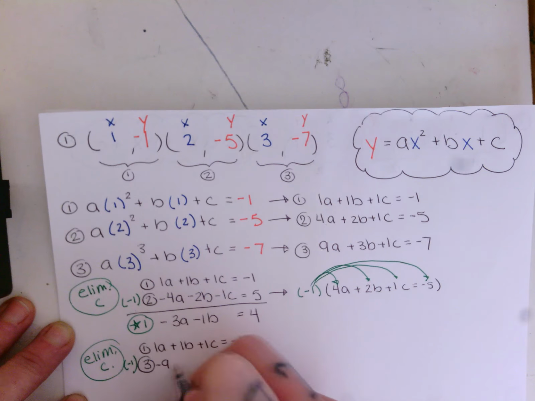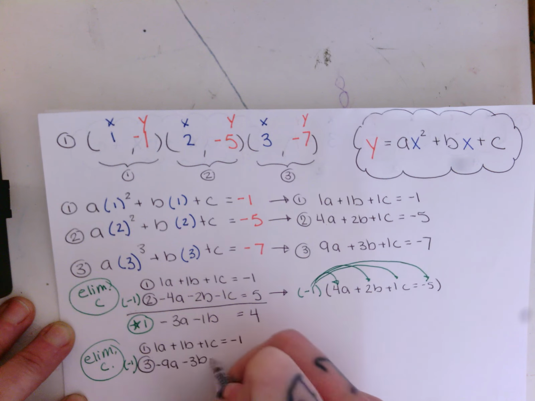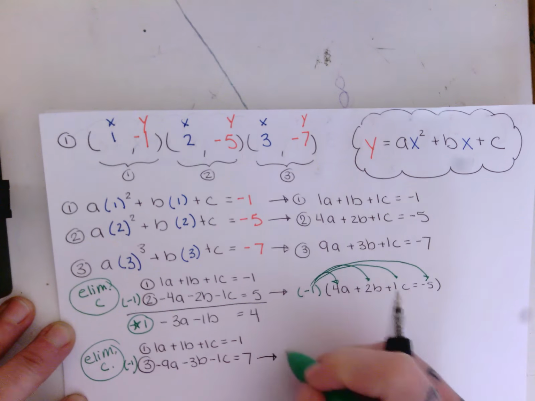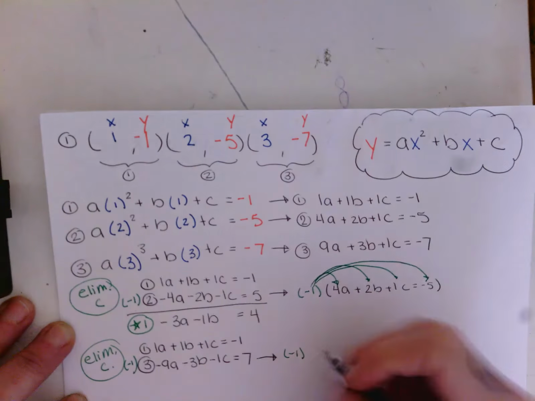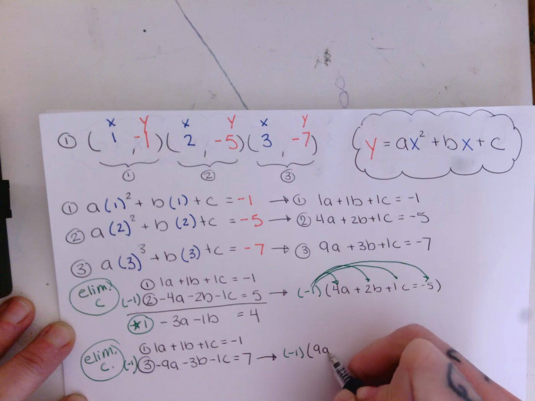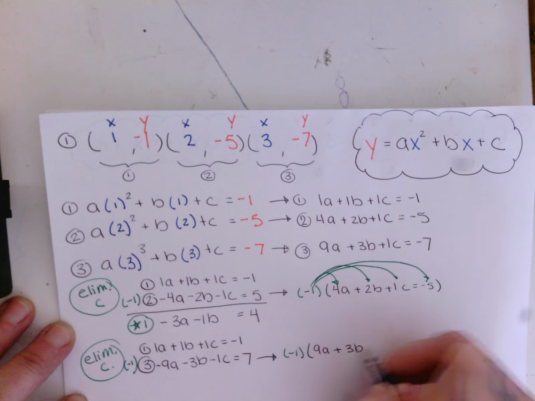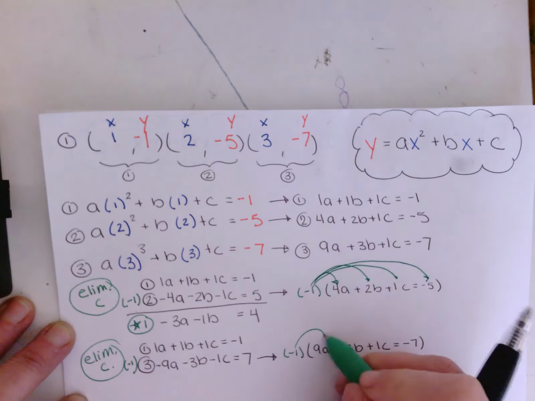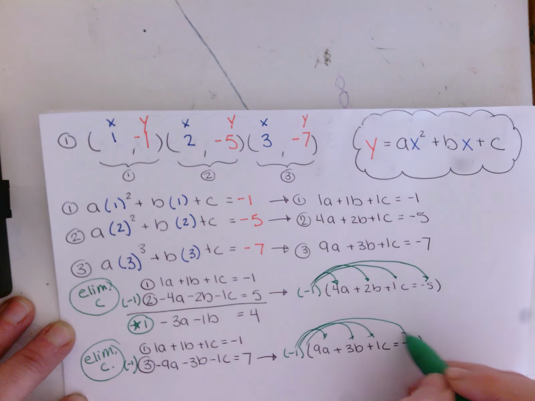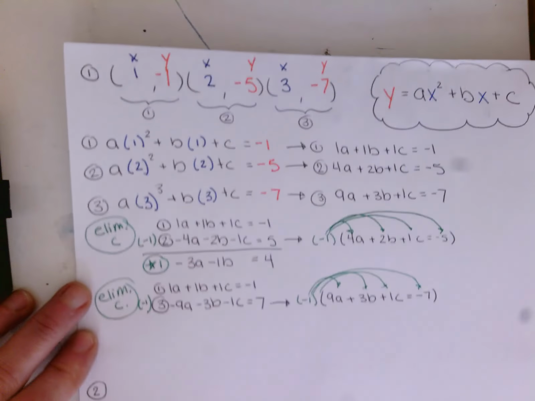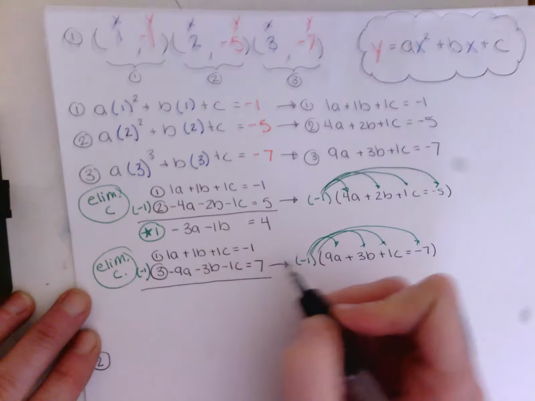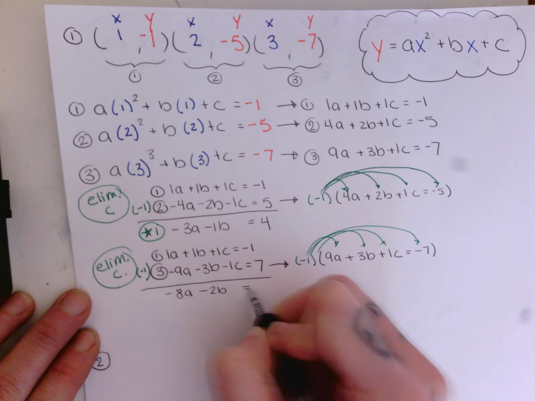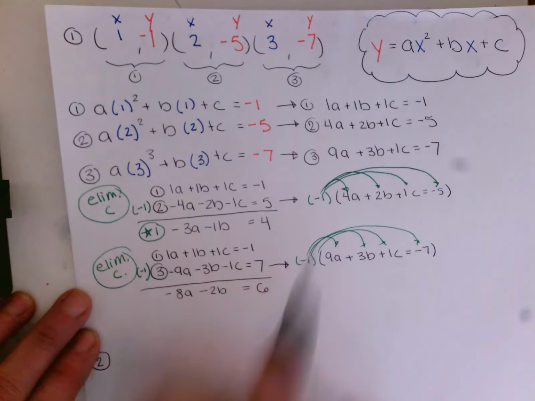So I've got -9a minus 3b minus 1c equals 7. Now remember, this comes from multiplying -1 by everything in equation 3. I'm going to add these together. I've got a negative 8a, negative 2b. My c's cancel.